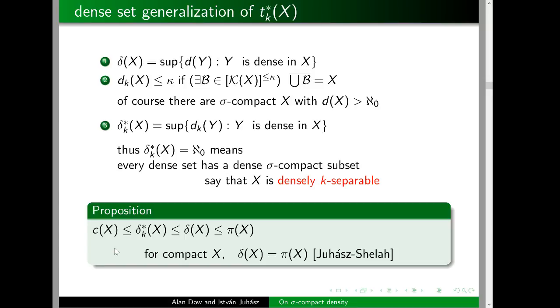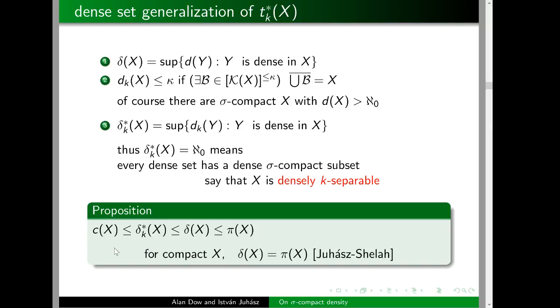Here are a couple of trivial cardinal invariant comparisons. The cellularity is below this cardinal invariant, and that's rather easy to see. You take a family of pairwise disjoint open sets; every compact subset of that union is covered by finitely many of those sets, so you need as many compact sets as you have pairwise disjoint open sets to become dense.